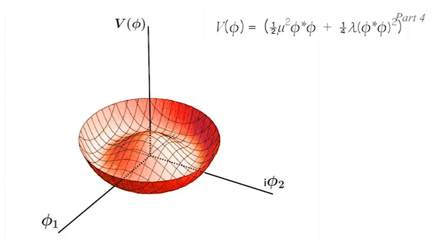Here it is. This is sometimes called a Mexican hat potential, and it tends to be drawn like this, with the top sliced off, not showing the higher values of V.